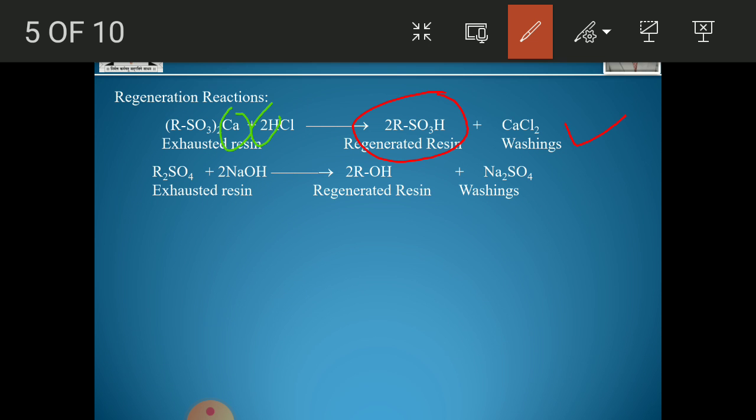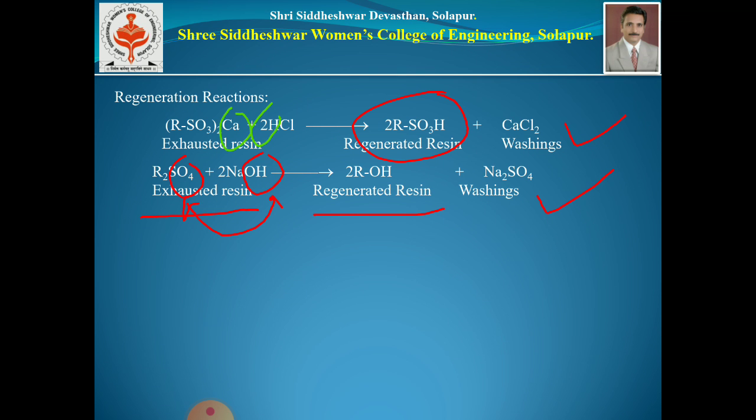Similarly, in the anion exchanger, the exhausted anion exchange resin can be regenerated by passing NaOH. So OH of this NaOH and SO4, there is a reverse exchange once again, and we will get regenerated resin as ROH. A small quantity of sodium sulfate, Na2SO4, can be thrown away as washing from the bottom. So like this, the same resins, cation exchange resin and anion exchange resin, after regeneration we can use again and again.